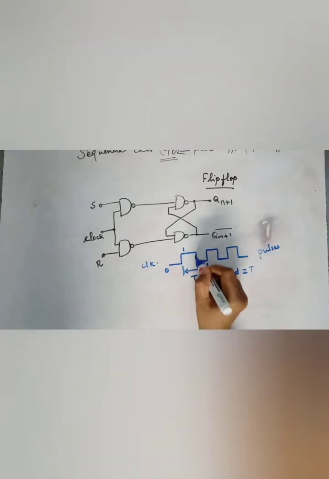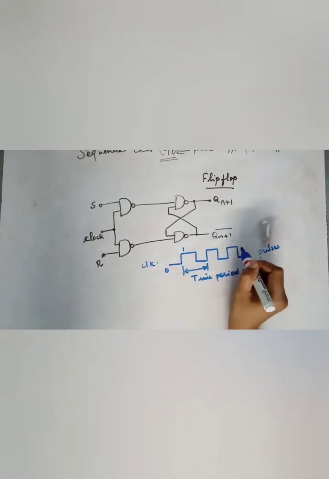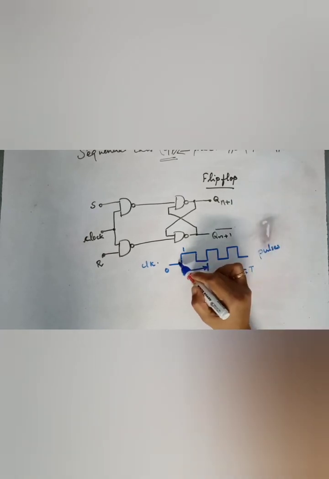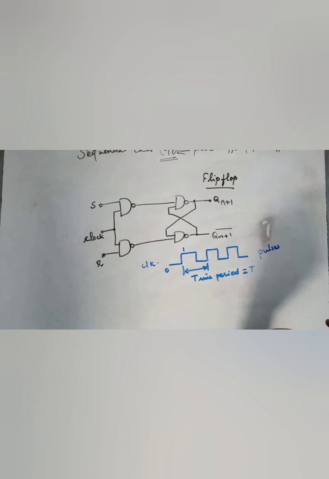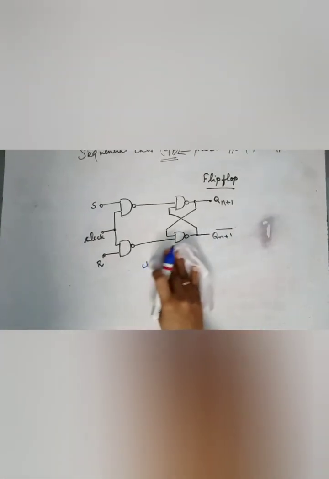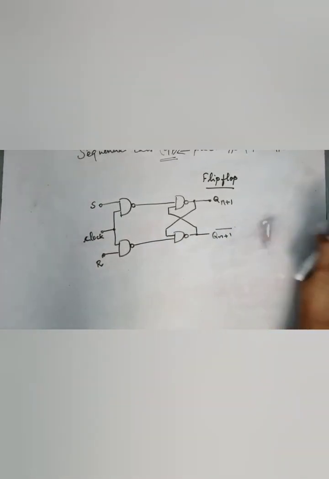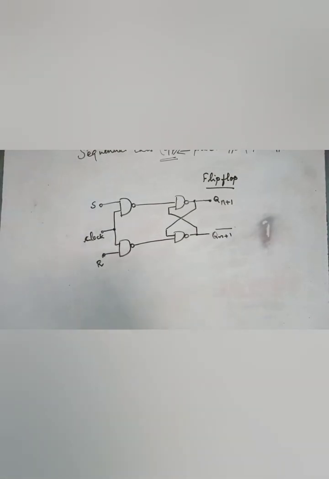These are just the transitions. You have only two voltages, 0, 1, 0, 1, 0, 1. So that is the clock. Now there are many more things about the clock which we will be dealing with in the coming circuits. As of now, we'll take it as clock.